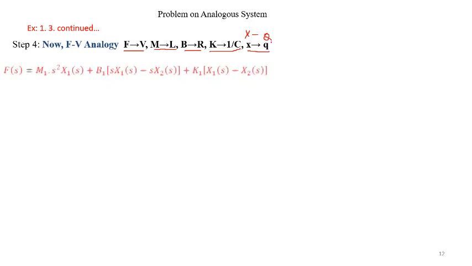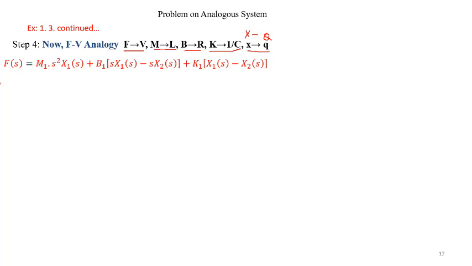Okay, let's see. We had equation number 3, and we are borrowing that equation here again to recall it. So we have f of s equal to m1 s square x1 of s plus b1 s x1 of s minus s x2 of s plus k1 bracket x1 of s minus x2 of s. Here f is replaced by v, m is replaced by l, x1 of s is replaced by q of s, b1 is replaced by r, and k1 is replaced by 1 by c. Let's see how it works.